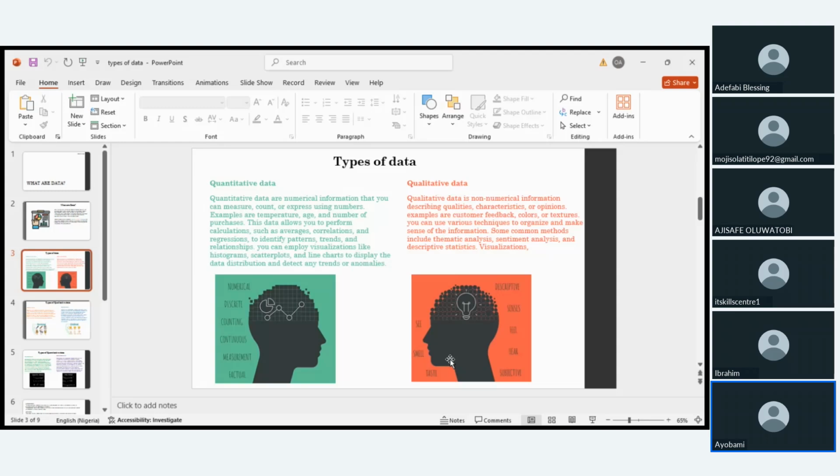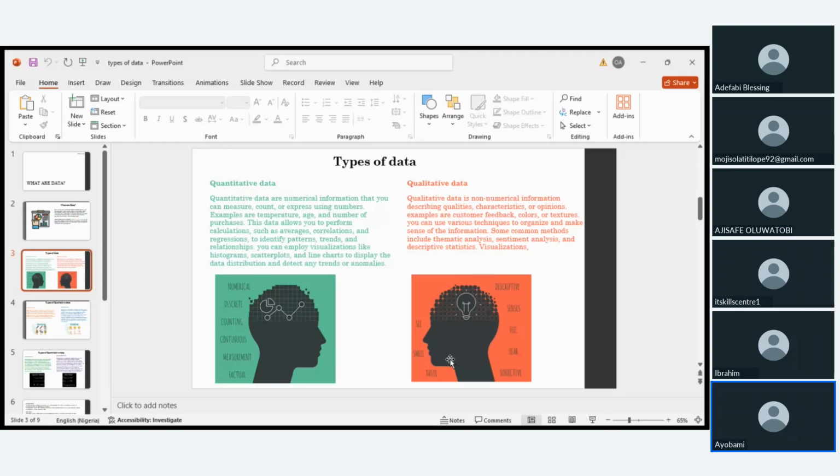But on the other hand, we have what we call qualitative data, right? When we are talking about qualitative data, it's just like the opposite of quantitative. So it's just like quantitative and verbal, right? Qualitative data is data that is non-numerical. It describes qualities, right? Like some characteristics, opinions, and all those kind of stuff.